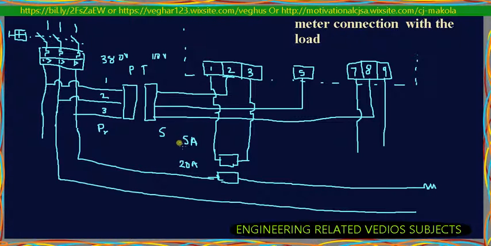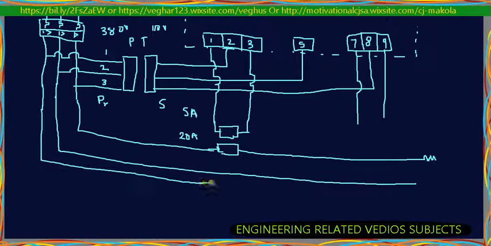So we multiply the 5 by 20, and it tells you the amount of current consumed here. So we have to know the ratio of stepping down the current. The energy meters are designed to read the ratio. They can tell you the ratio, or you can calculate it yourself.